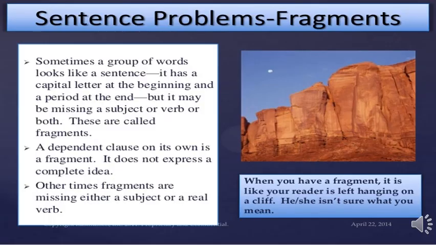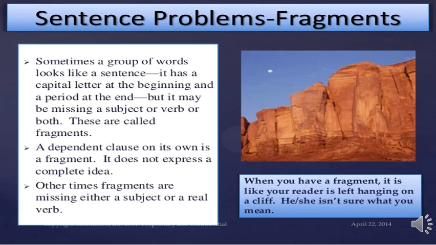As we know, a fragment is a group of words, but it may be missing a subject or a verb or both. A dependent clause on its own is a fragment because it doesn't express a complete thought.